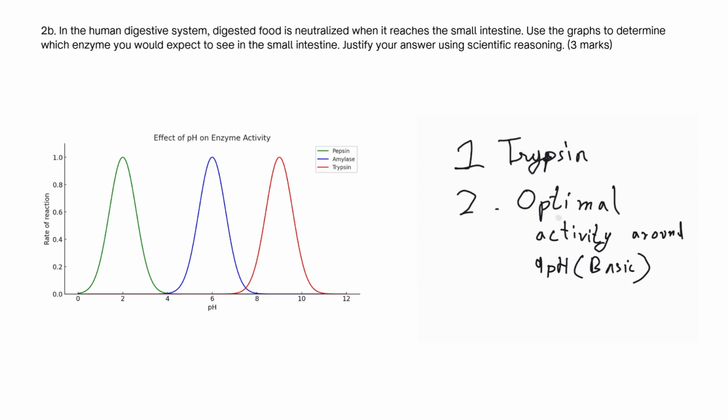And for the third mark, we need to tie all of these observations together. So we need to say the small intestine has an alkaline environment because bile neutralizes stomach acid, so trypsin works best there for protein digestion. And that's your 3 marks.